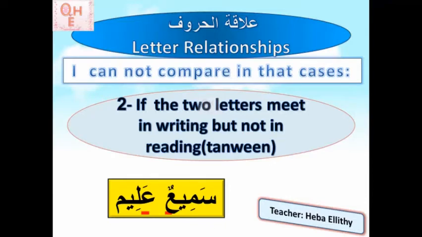If I say عليٌّ كريم, I can't compare between the ya of Ali and the kaf of the next word. But I can compare between the tanween and the letter after. So this is a wall. It makes me not compare between ayn and other ayn, the tanween.